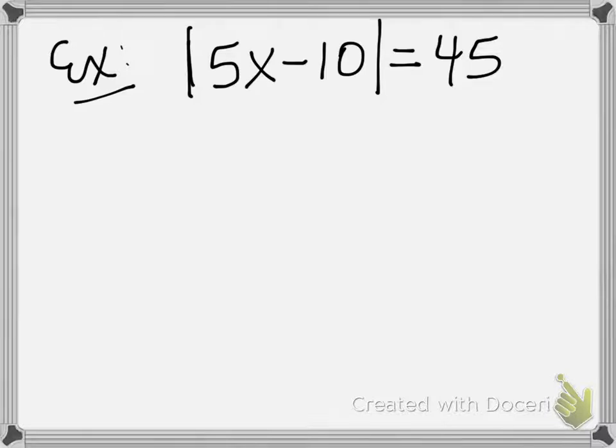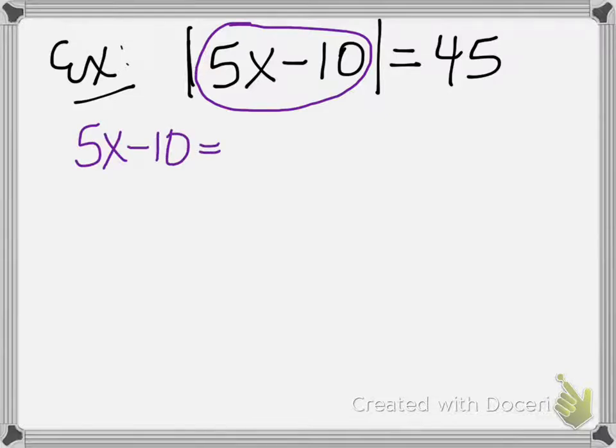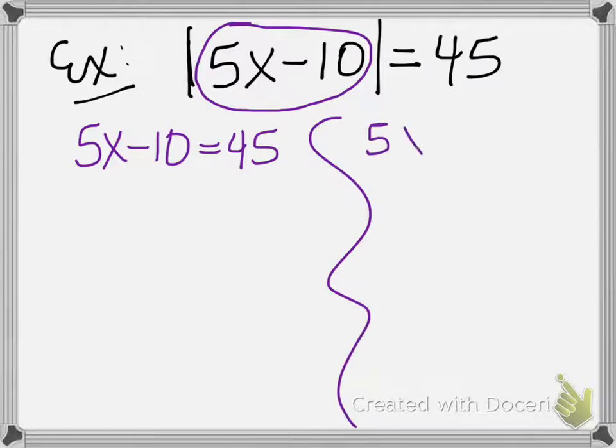In this problem, we're saying that the distance, 5x minus 10, could be 45 or it could be -45. So I write my two equations. 5x minus 10 could equal 45. 5x minus 10 could equal -45.